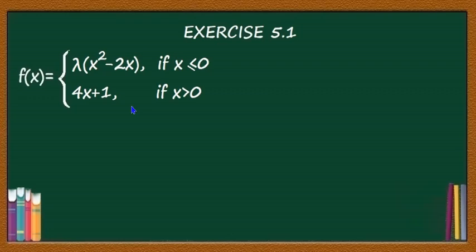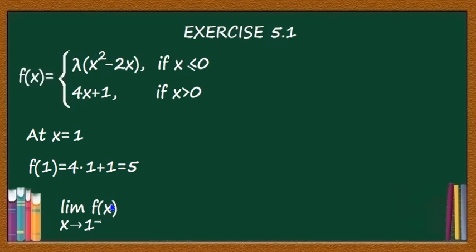Now let us check the continuity of the function at x equal to 1. And f of 1 is equal to, see here, 1 is greater than 0. When x is greater than 0, function is defined as 4x plus 1. Therefore, f of 1 is equal to 4 into 1 plus 1, and that's equal to 5. And find the limit x tending to 1 minus f of x.